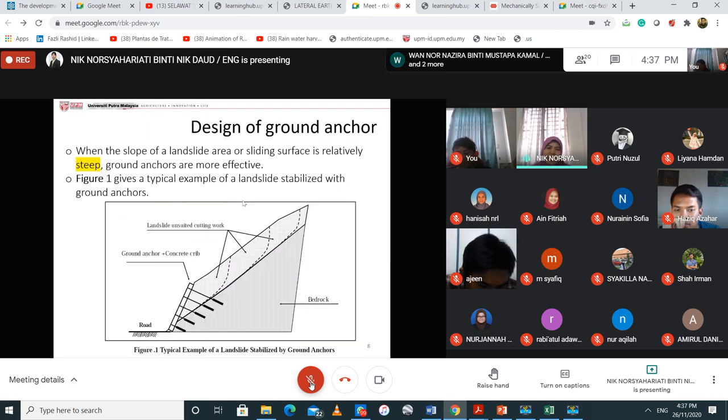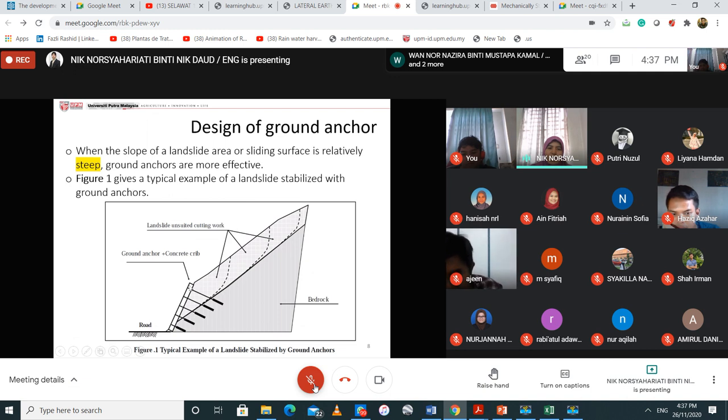So in terms of designs, if you look at the figures here, macam saya tunjuk gambar yang real punya figures tadi kan, there's a part of landslide possibility akan berlaku sini.